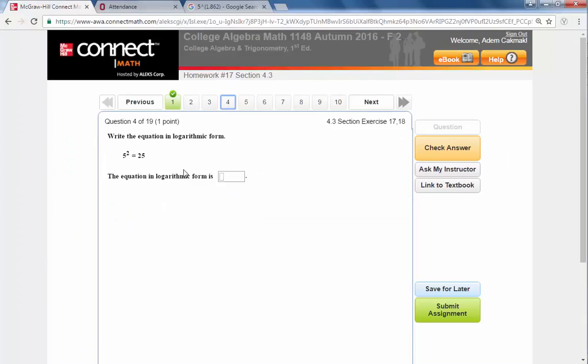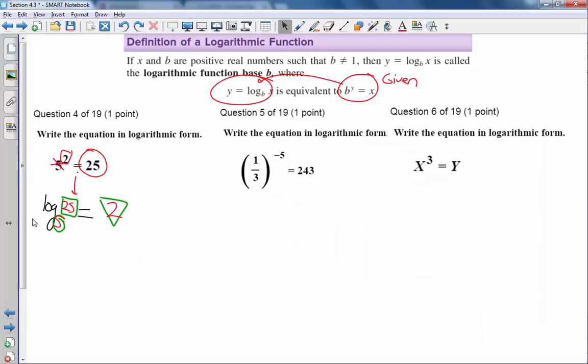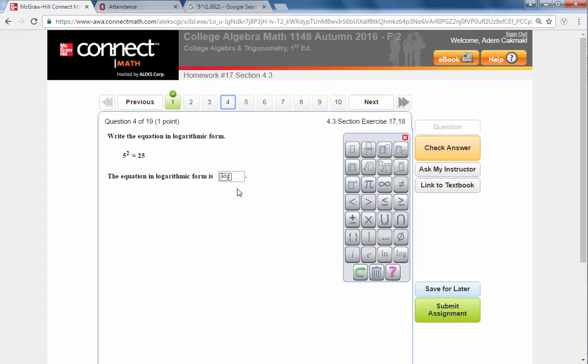Alright, let's test. How do you write a logarithm? You can choose this one or type it in directly, log. Doesn't matter. How do I make that base? I need to make base 5 now. Can I just type in 5? No, this is not gonna work.